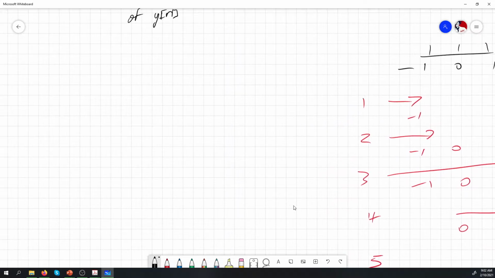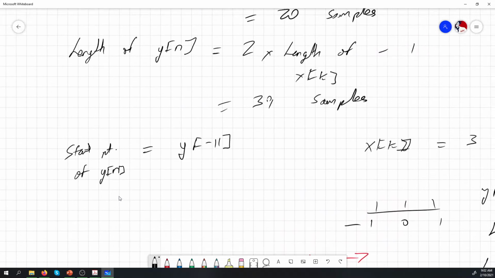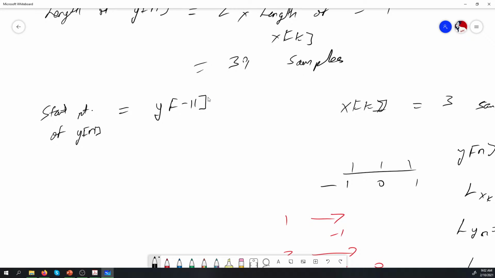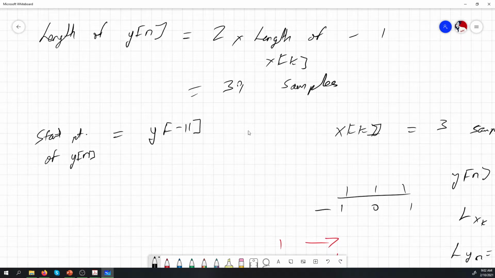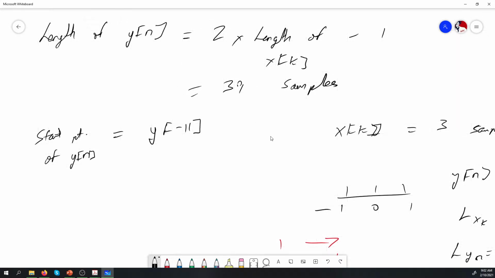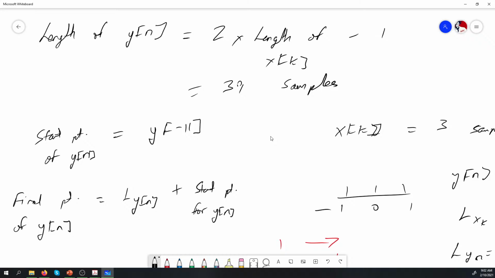So if we go back to our actual question, we know the start point of y of n here was at minus 11, and the length of y of n here was 39 samples. So our final point of y of n is going to be equal to the length of y of n plus the start point for y of n minus 1.